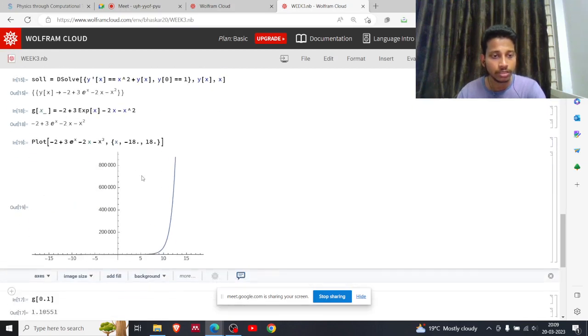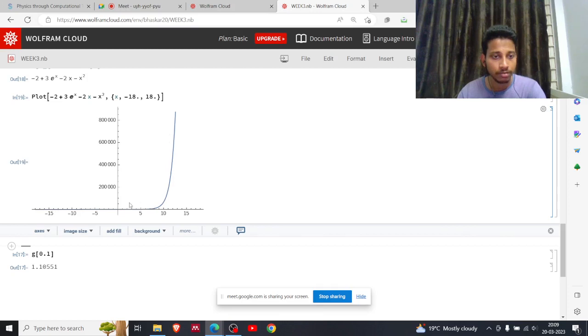We can plot this function and see that it is this kind of function.